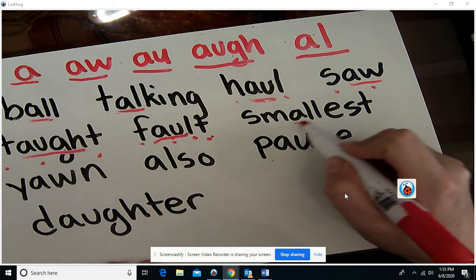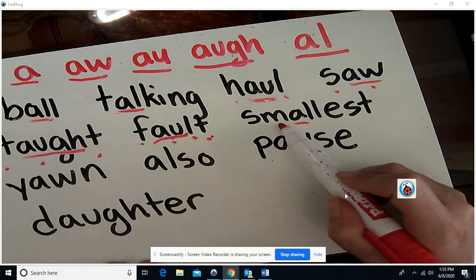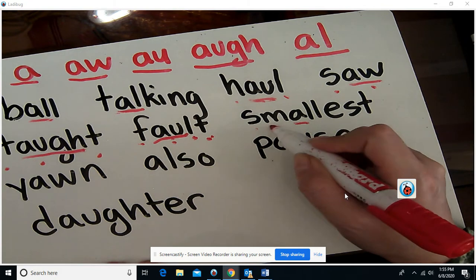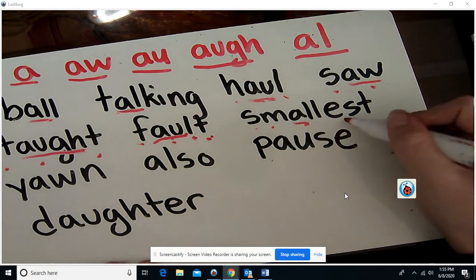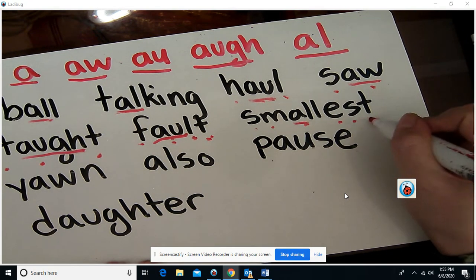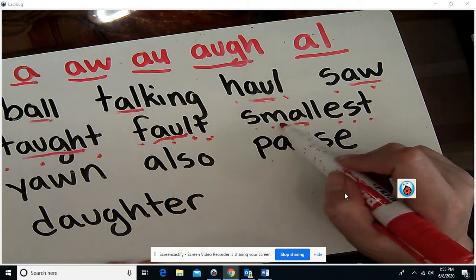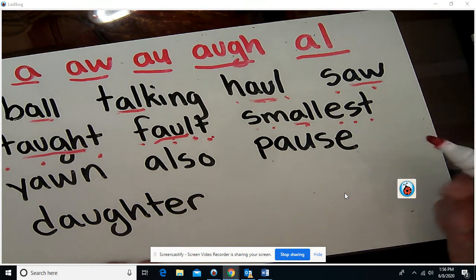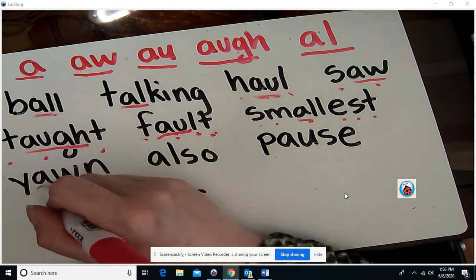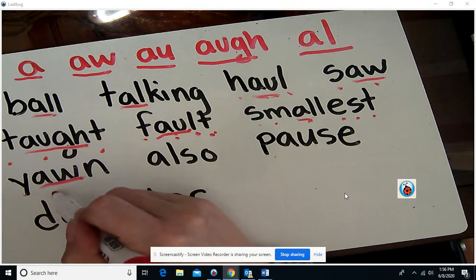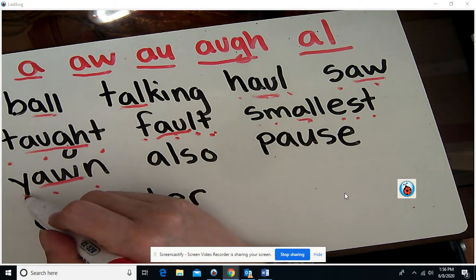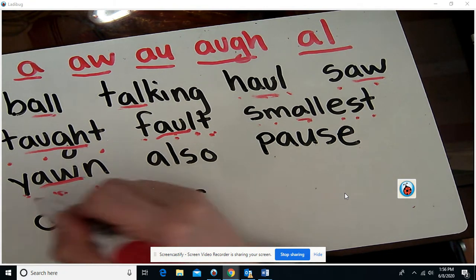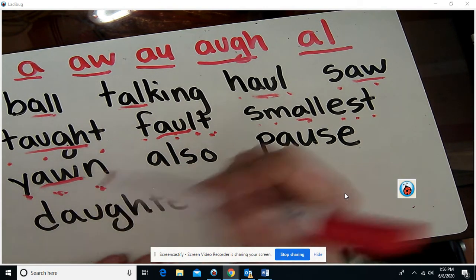We have that all, smallest. We have all est. So if we break that down, it's all est, smallest. Then we have yawn, AW, yawn. We have three sounds there, yawn.